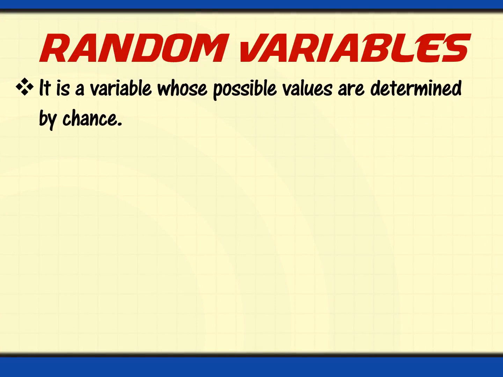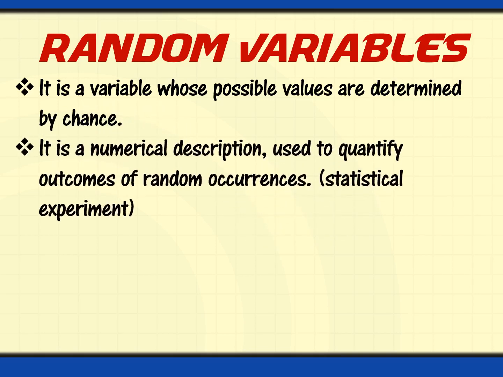So when we say random variable, it is a variable whose possible values are determined by chance. It is a result of a chance event that you can measure or count. It is also defined as a numerical description used to quantify outcomes of random occurrences, just like any statistical experiment. Example is rolling a die or tossing a coin and the likes.